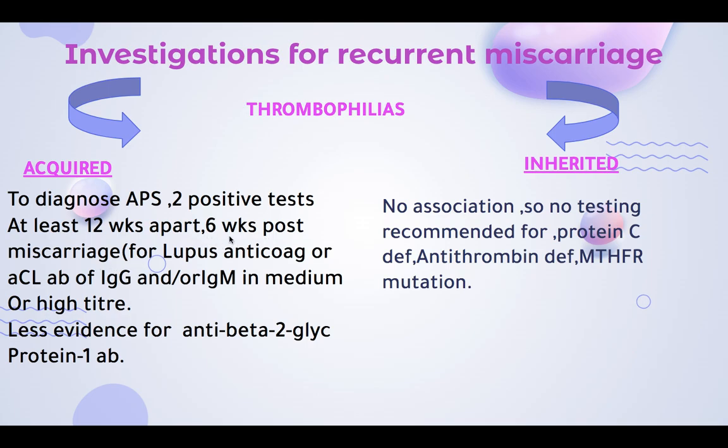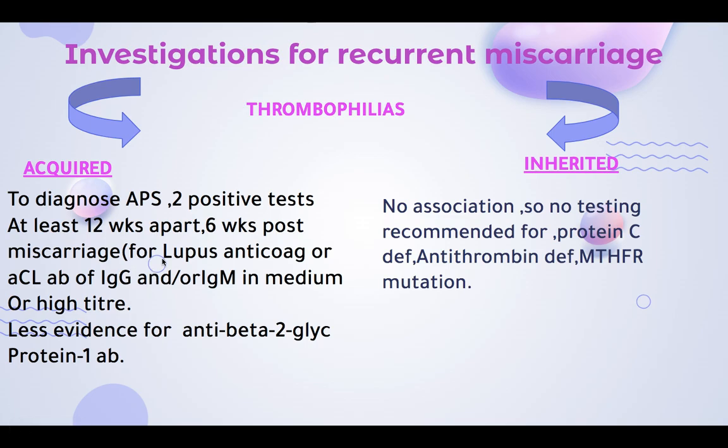Just remember this number. This is a very important point, because in the Part 3 exam, when the patient comes with a scenario, you will tell her that these tests are not recommended right now and will be done 6 weeks post miscarriage, and this will come in the single best answer as well. That is when we have to do this test: 6 weeks after the miscarriage.